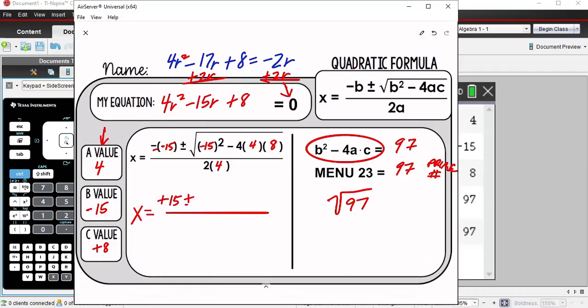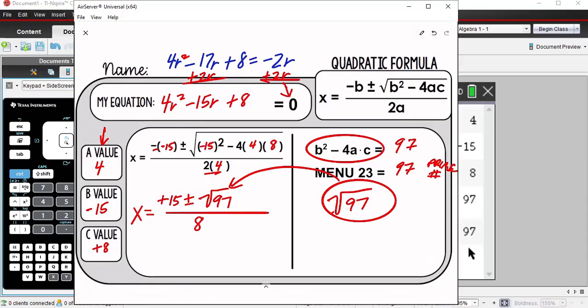And then we're going to have plus or minus. And now this is going to go here, so this is going to be the square root of 97. And on the bottom, it's just going to be 2 times 4, which is 8. Now, there's nothing else we can do with this. That's the answer. It's going to be 2 irrational roots, and we can't simplify the radical.